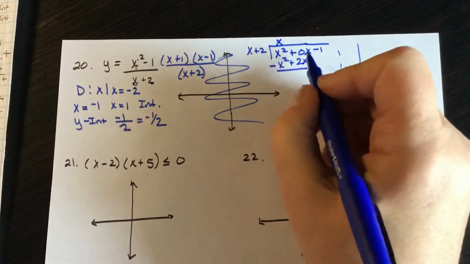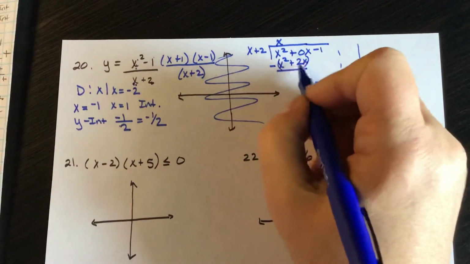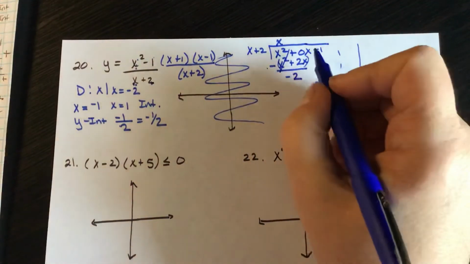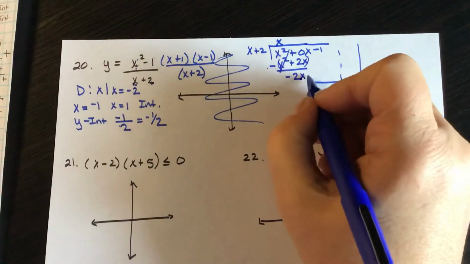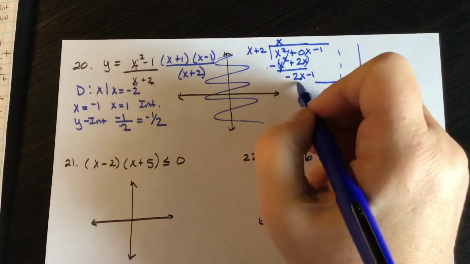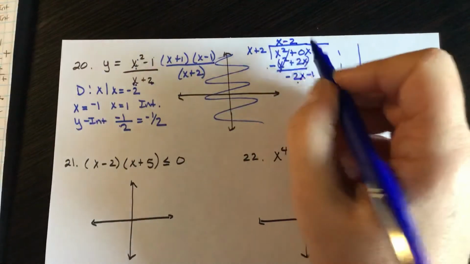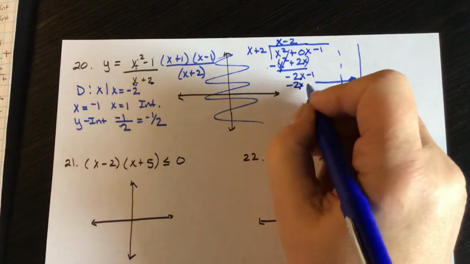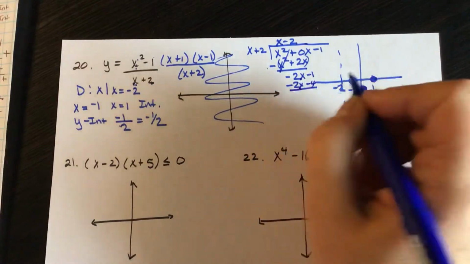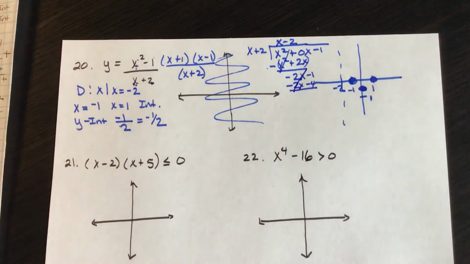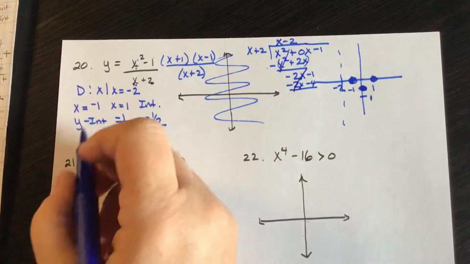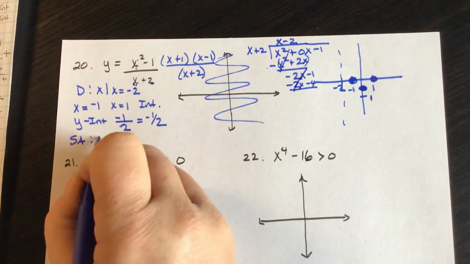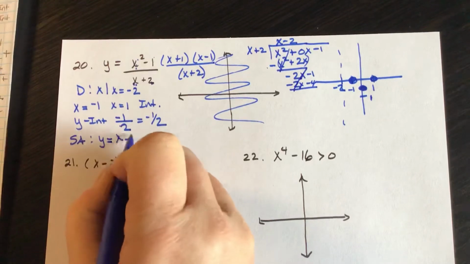I'm subtracting. So 0 minus 2 is -2x, bring down the 1. So x times -2 is -2x. And then this would be -4. I don't care what my remainder is. I know they cancel. So my slant asymptote is at y equals x minus 2.